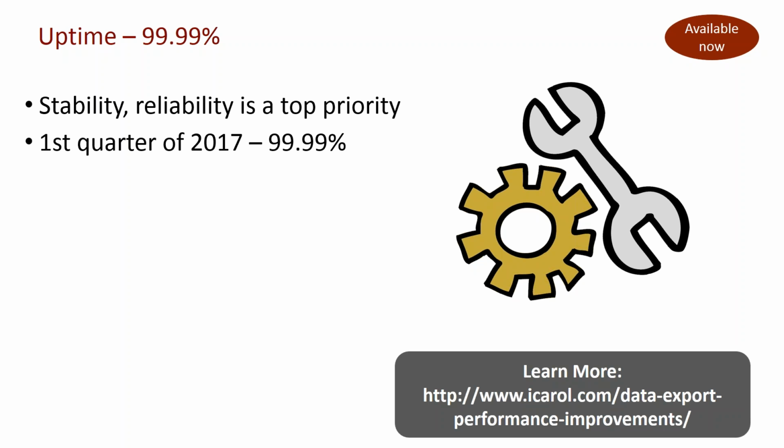To give you an idea of how good that is, it means that if somebody has 99.99% uptime in a given month, in the entire month, day and night, 24 hours a day, a system would be unavailable for a little over 4 minutes total. We also noted that the average response time throughout the system registered at just over 1 second, helping you move through iCarol quickly as you're doing your work.